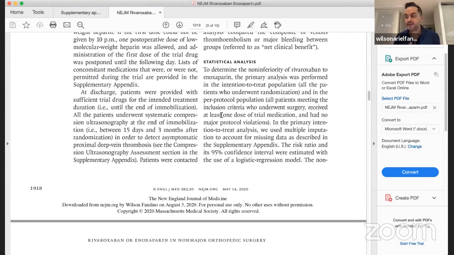The reason, which you will see again in a couple of weeks, is that the null hypothesis of non-inferiority trials is that the treatment is actually inferior, and the alternative hypothesis, for the treatment you are trying to test, is that it is non-inferior.